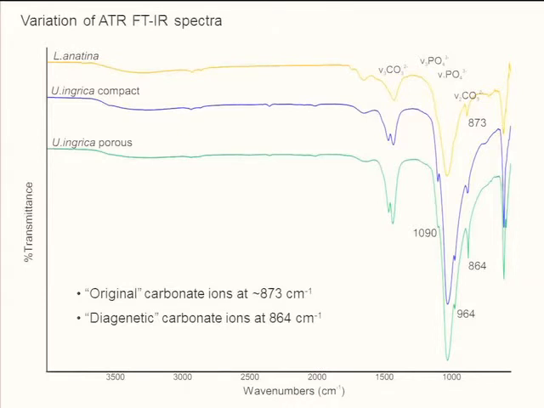This is how infrared spectra differ in recent Lingula anatina and in the compact and porous lamina of fossil Ungula ingrica. In general, all these spectra look quite similar. However, there are also some differences, and I would point out the differences in this carbonate region.